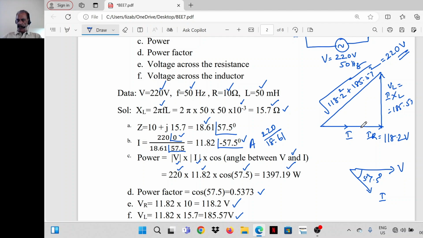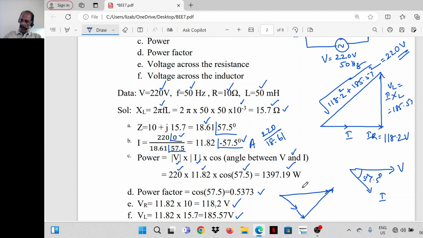Here I have taken I as reference, or you can draw it like this also. I is equal to 11.82. This is I into R, that is 118.2. This is I into XL at an angle of 90 degrees, leading the current.